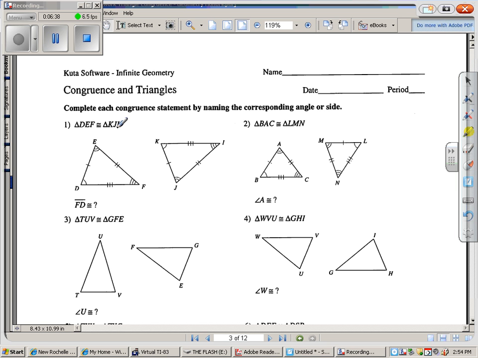In the first triangle, FD, do you see it right here? FD is opposite angle E. What angle matches up with E? Hannah? These two triangles are congruent, so they are the same shape and the same size. They are perfectly equal to each other in every way, shape, or form.